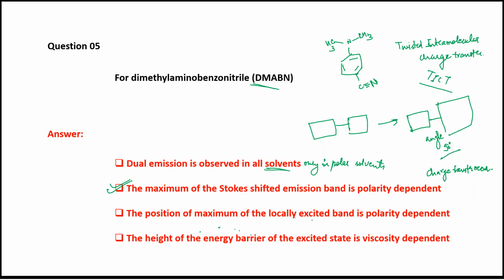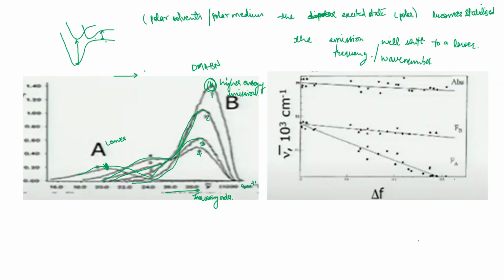Then the height of the energy barrier of the excited state is viscosity dependent also. Basically, here they have not studied the viscosity, sorry, they have studied it, but here I do not have the picture of this, but we can just say it is based on viscosity.